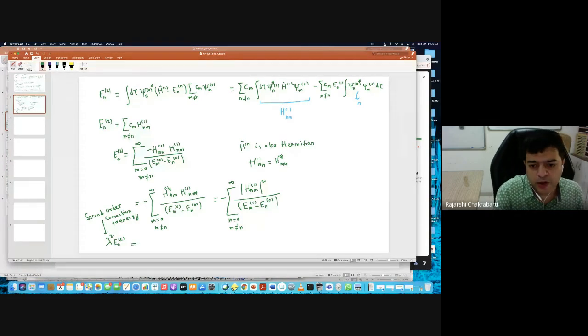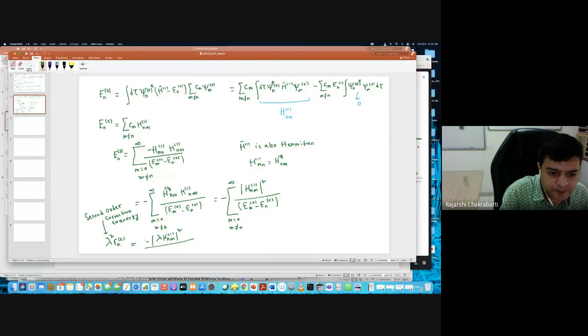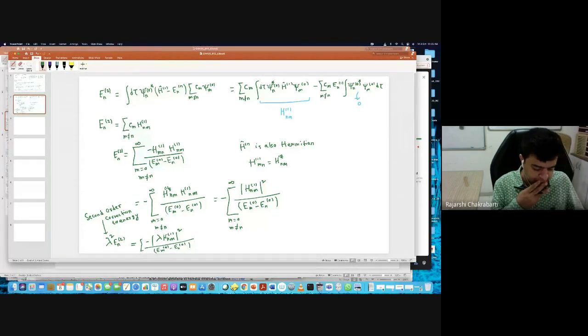Lambda square will go inside, isn't it? So it will be like lambda H1 nm, the absolute value squared. Minus is there. The sum is inside. Okay? Is this fine?